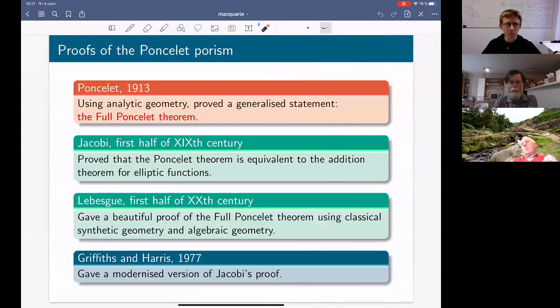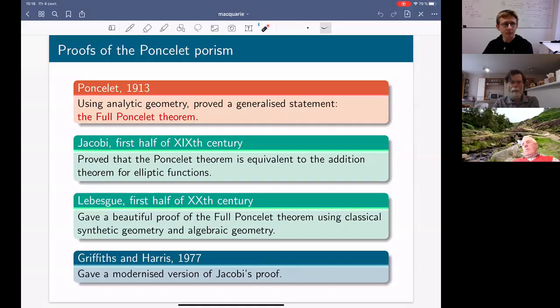Okay, so I just want now to mention some of the interest that the Poncelet porism drew from some famous mathematicians. It was Jacobi who proved that the Poncelet theorem is essentially equivalent to the addition theorem for elliptic functions. Then we can find a very beautiful proof from the beginning of the 20th century by Lebesgue in his textbook on conics, and he gave a proof in an elementary, very beautiful way.